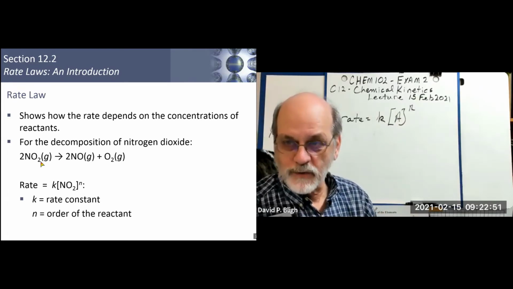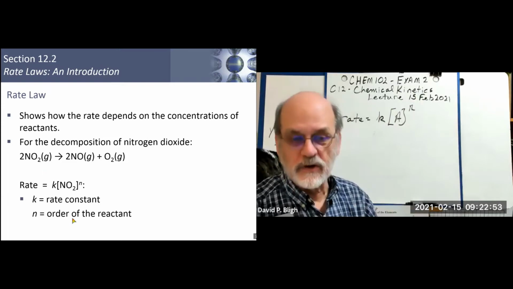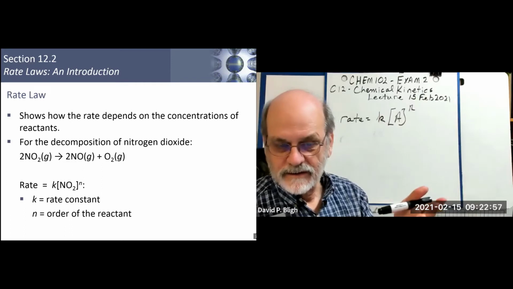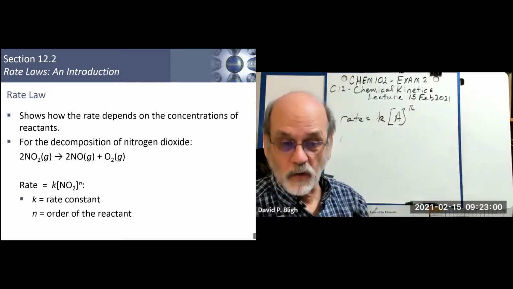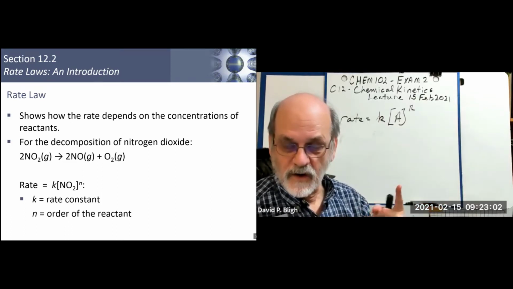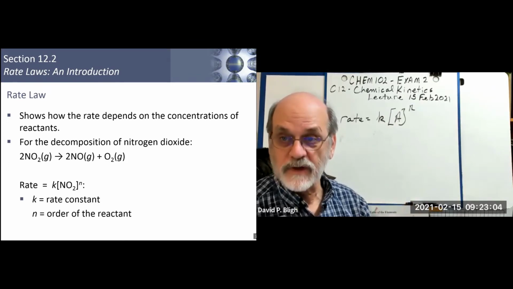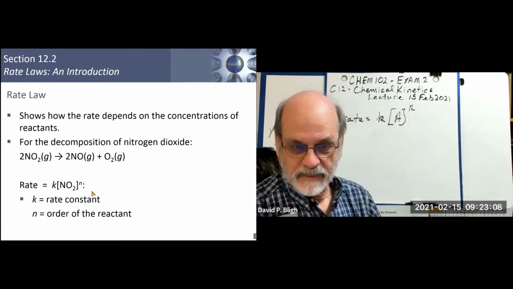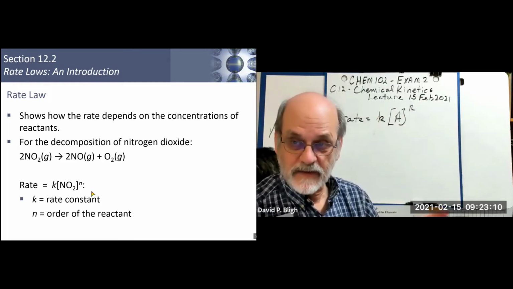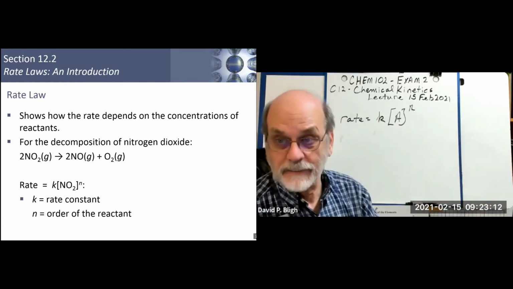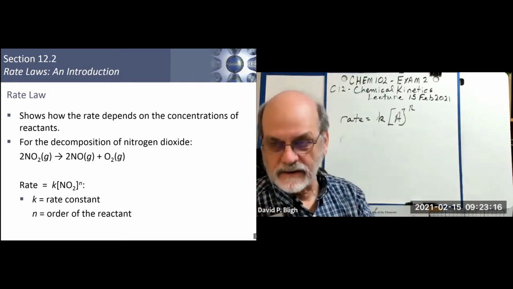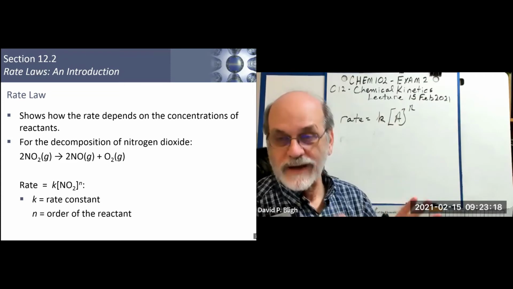So the order of the reaction overall is also that value. So if it were 1, the order n equals 1, the order would be 1, or it could be 2, second power, it could be 3, third power. And if there's only one reactant, then the overall order is the same. But that's the general format for the rate law.